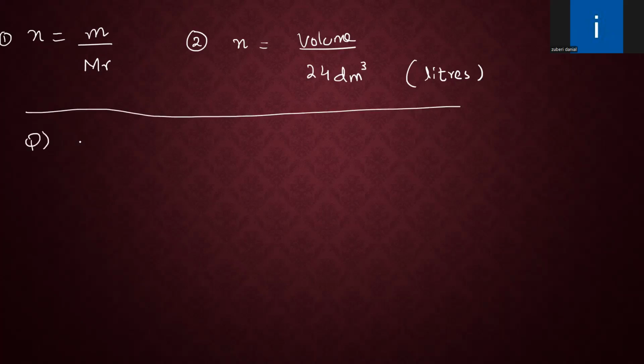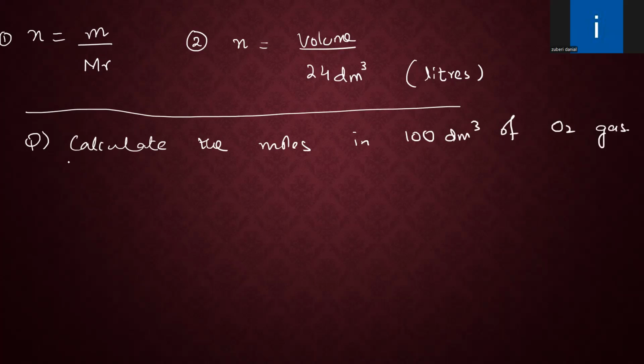So question can say, calculate the moles in 100 liters of oxygen gas. So the understanding would be, अगर हम इसको solve करें, so we have the formula volume over 24, so that's 100, that's the volume given, and the constant value is 24.